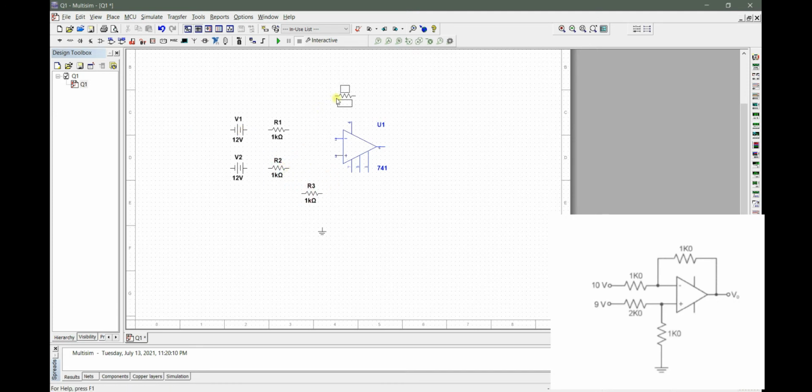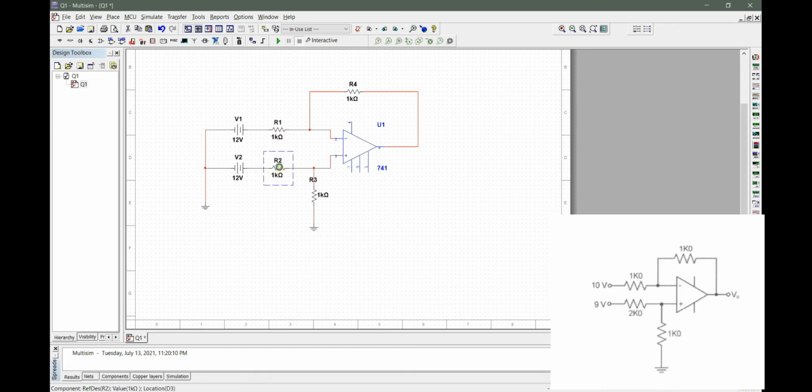So I just flip the operational amplifier vertically, so that I am not confused about the terminal positions. Then I enter all the values of the resistors and the power supply, the same as in the equation, and run the simulation.